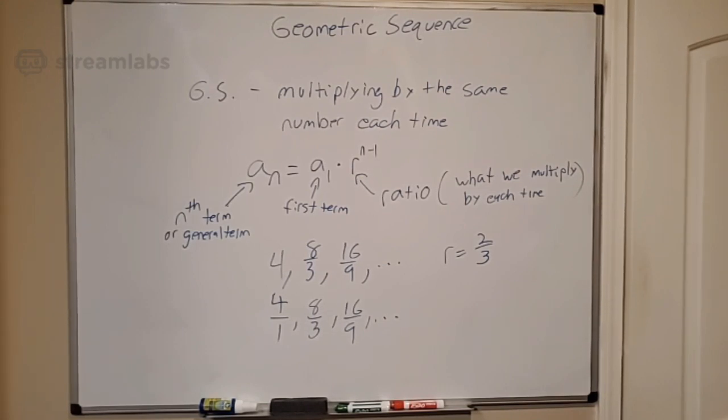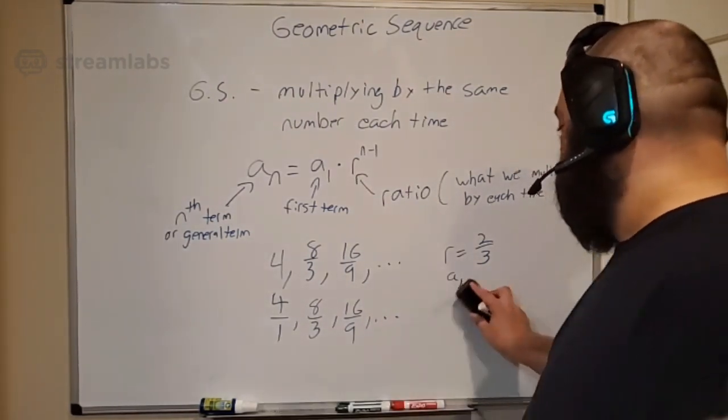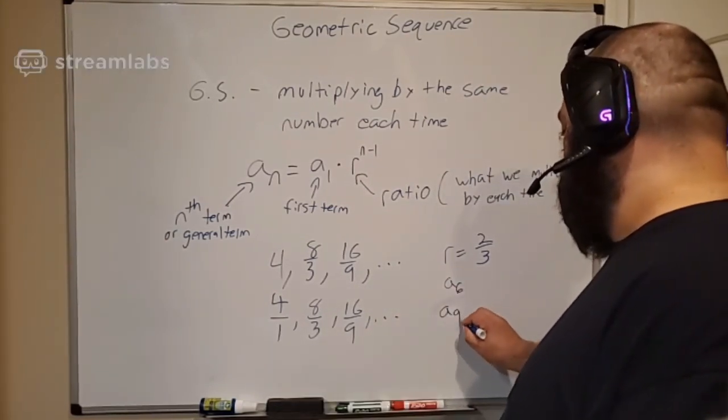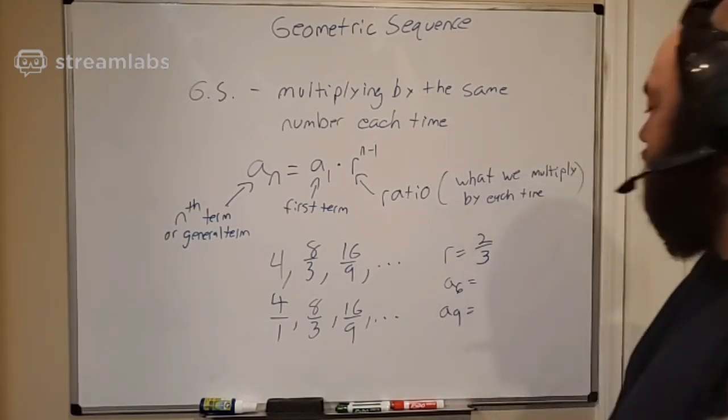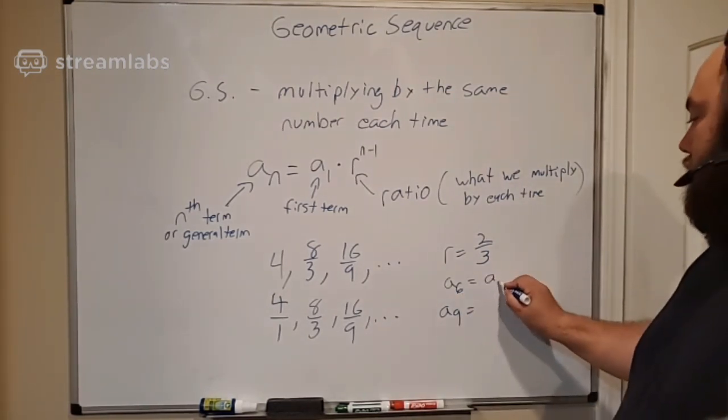Okay. Now they want us to find the 6th and 9th terms. So what is a sub 6? And what is a sub 9? Well, very easily, since we have our ratio, we have our starting term, we can just apply the formula that's given to us above. So a sub n will be equal to a sub 1 times r to the n minus 1. So a sub 6 will be equal to a sub 1 r to the 6 minus 1.